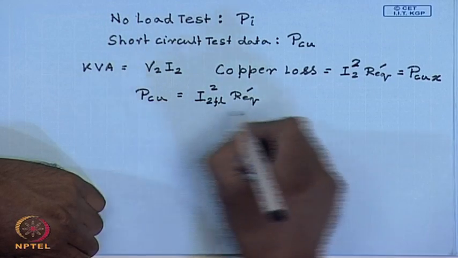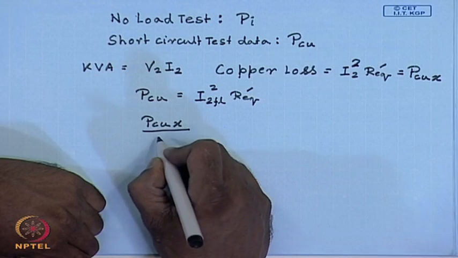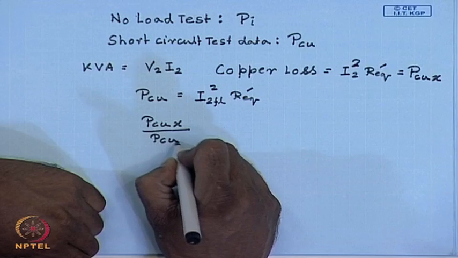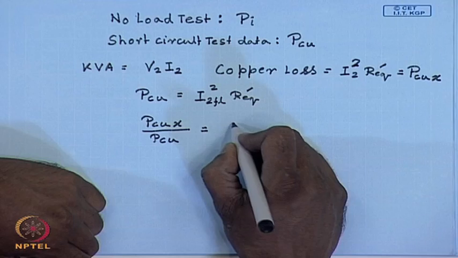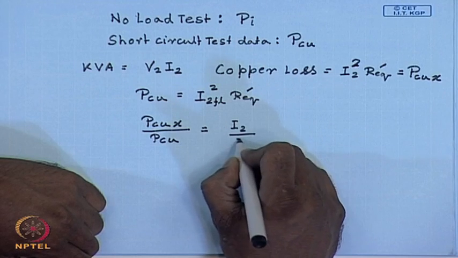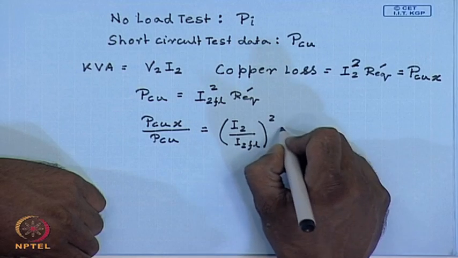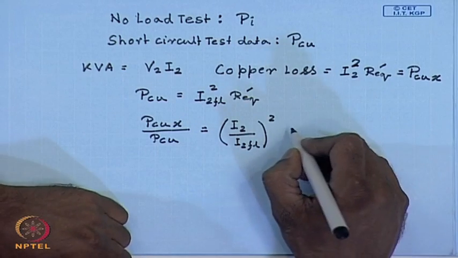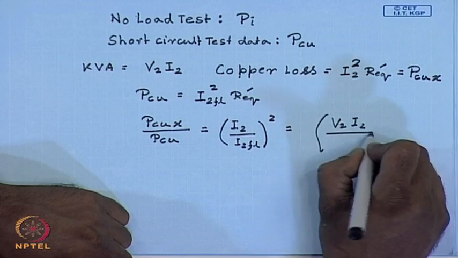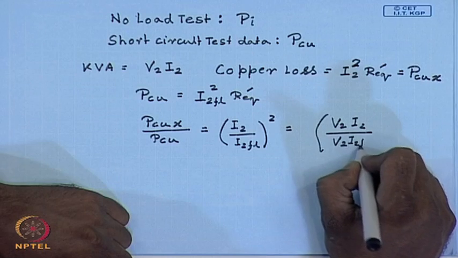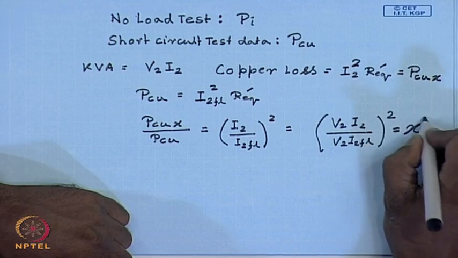So, PCU x by PCU is equal to I2 divided by I2 full load, squared. This is same as V2 I2 divided by V2 I2 full load, squared, which is same as the fractional load x square.